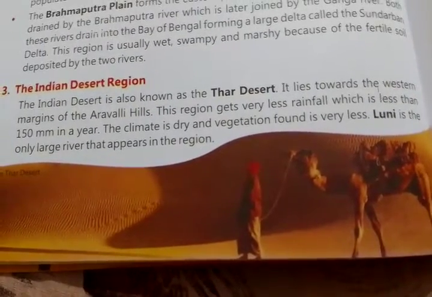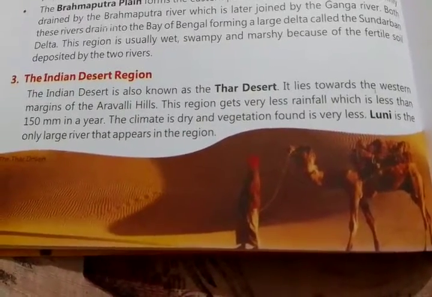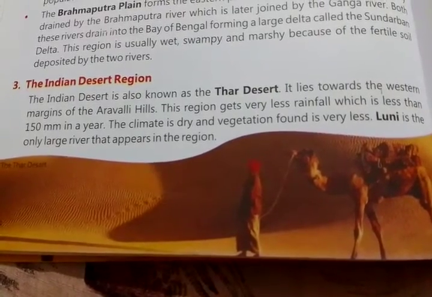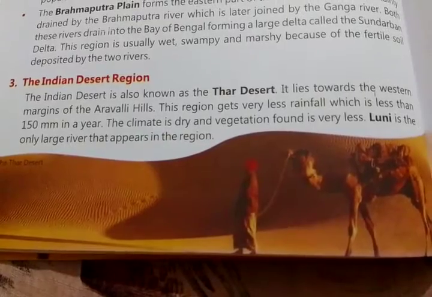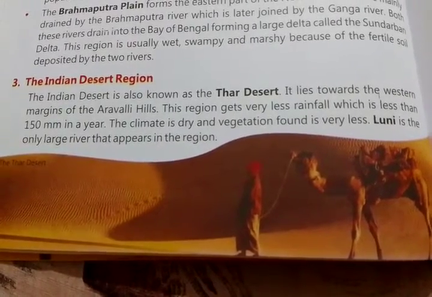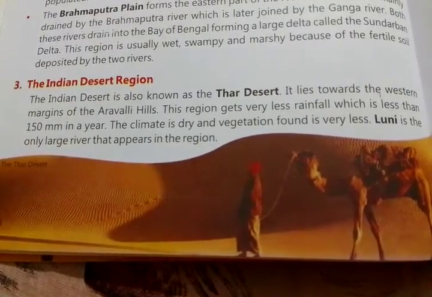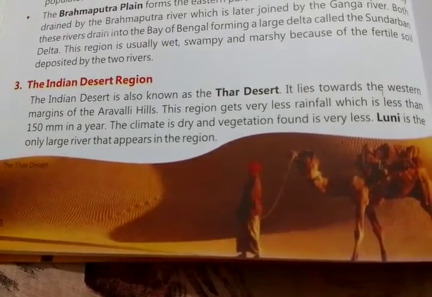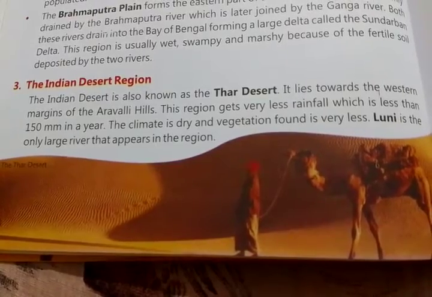As there is scanty rainfall, the climate is very dry. And as the climate is dry and the soil is not wet, the vegetation found here is very less. The plants are very scanty too. The main plants of this region are cacti.